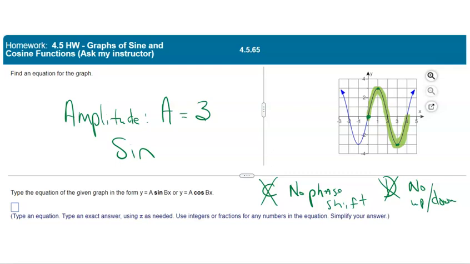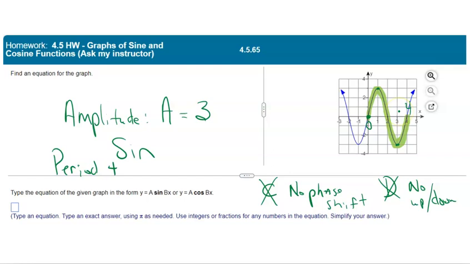I'm going from 0 to 4, right? So that's my period. My period is 4 units long because I'm going from 0 to 4. If I was going from -1 to 4, it would be 5 units. Or if I was going from 2 to 4, it would just be 2 units. But since I'm going from 0 all the way to 4, my period is 4 units long.